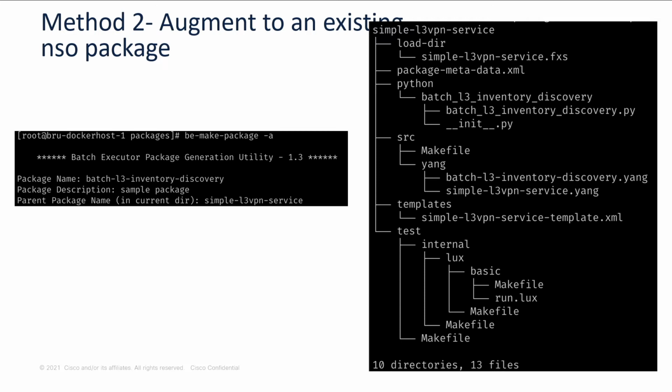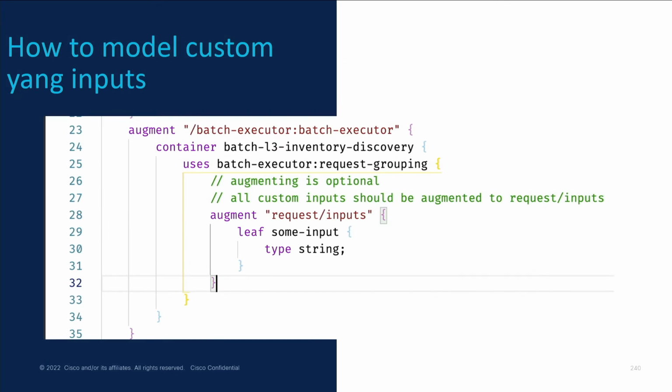If I wanted to do a batch reconciliation of the L3 VPN service without creating a separate package, I'll say augment using the -a flag, and then this is what I provide, batch L3 inventory discovery, and it gets merged into this folder, right? Okay, and this is the Yang model which is generated. These are all groupings, and this is where you write your custom inputs.